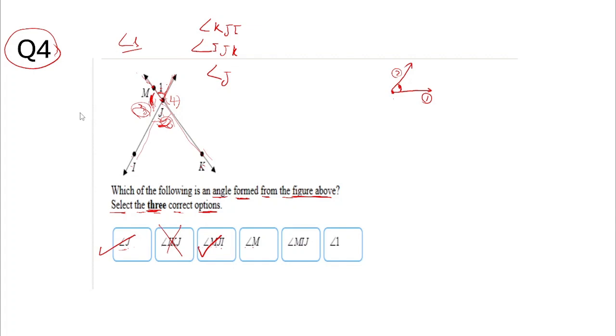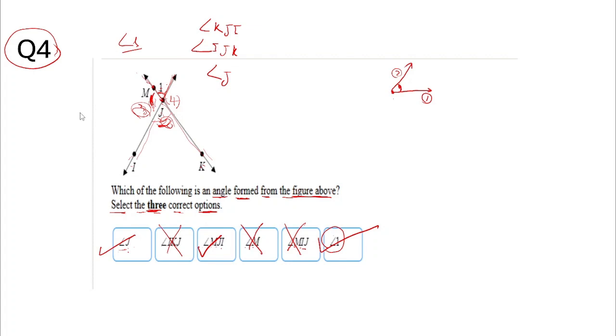M is not an endpoint, right? And M doesn't have a ray. It's only one ray. There is no other ray here. So this is not the right answer. It's a point. It's not an endpoint. Okay, angle MIJ. It's not an angle. Angle 1, which is this one, is right. So I have 3 options.